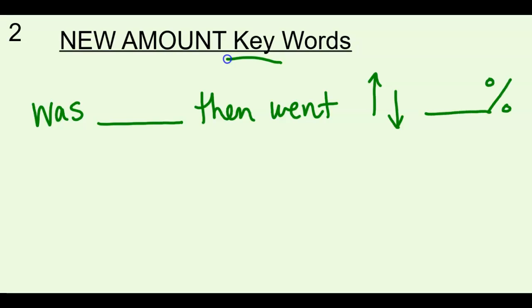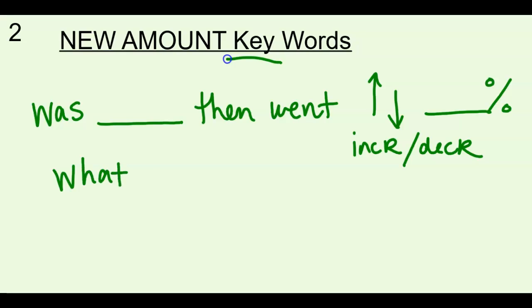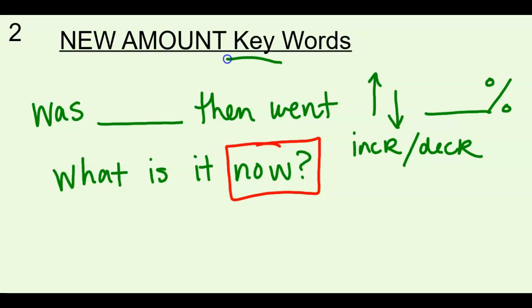Okay, so for example, it was 18, but then it increased or decreased. You might see that too. Increased or decreased a certain percentage. And then the problem might say, what is it now? So this is a big clue that they're looking for the new value. What is it now? Okay.